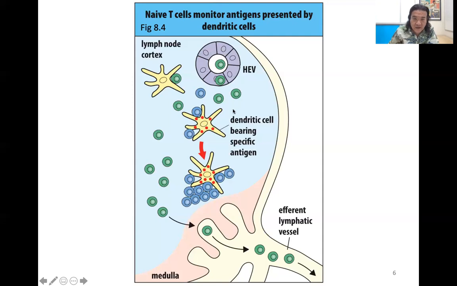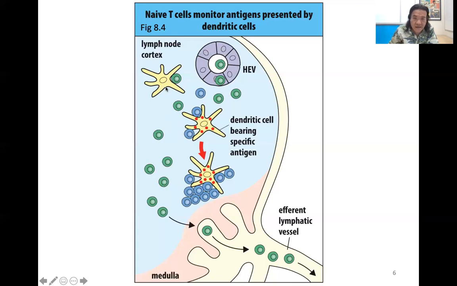So in this particular case, let's see what happens. Once these T cells come into the lymph node, they are like the shoppers who have wandered into this store. They want to browse and see what's available. So you have these dendritic cells that are now like the salespeople, and they're presenting things. Maybe in this case, this green T cell up here comes and checks out what this dendritic cell is showing it.